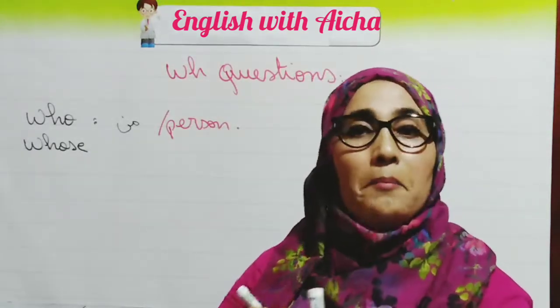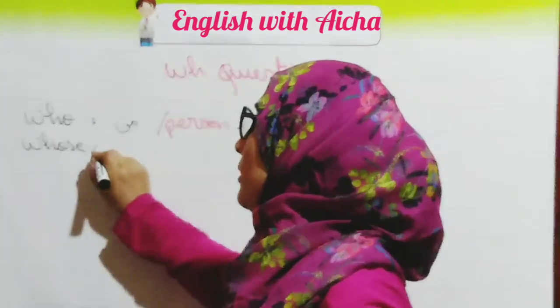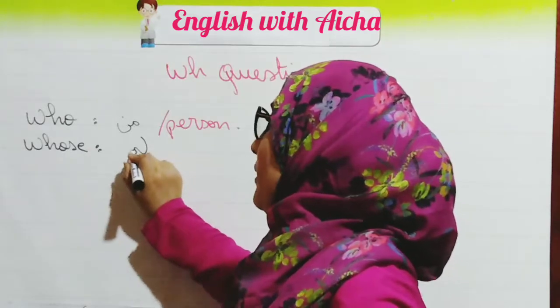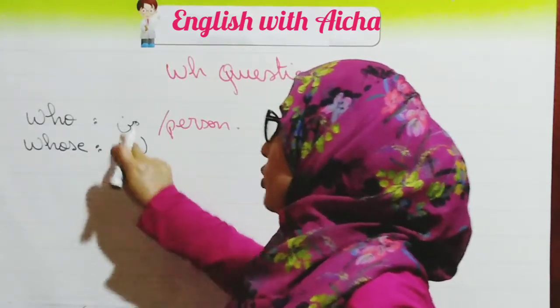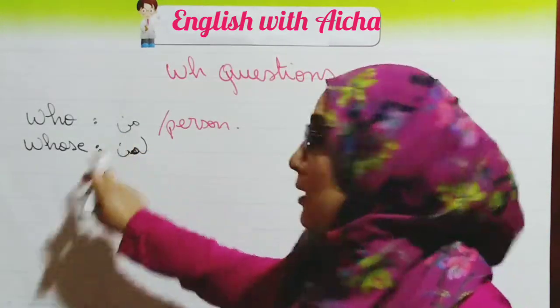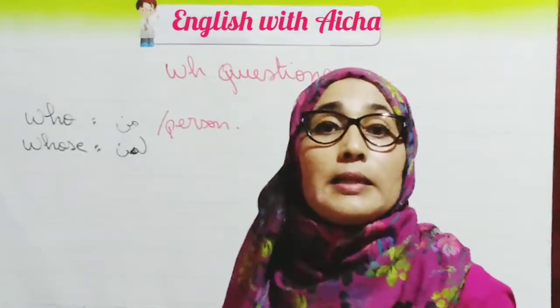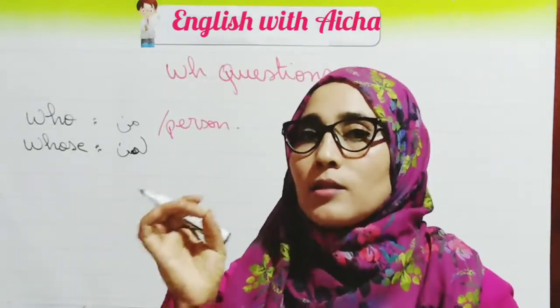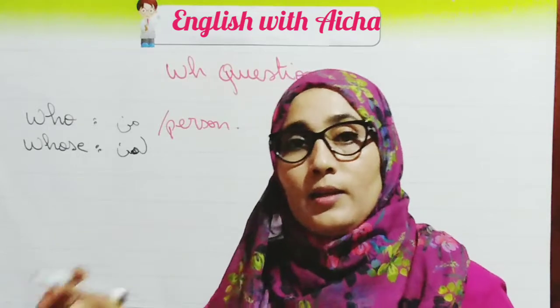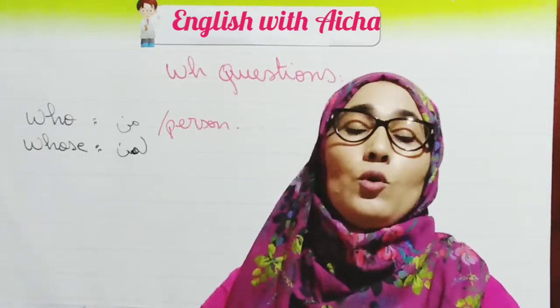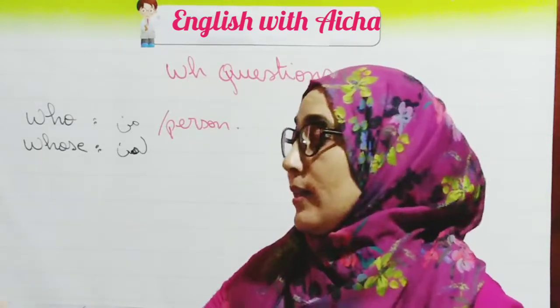Okay? But when we say whose, it's لمن. So here we have who, but whose, here it's possession, okay? Here we can say, for example, whose bag is this?